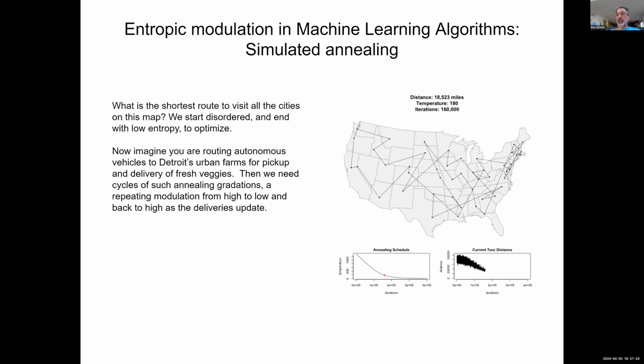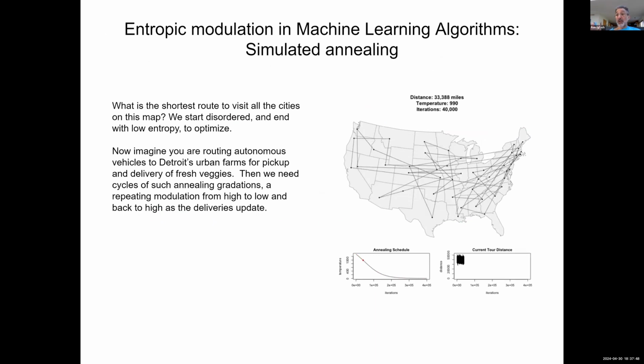So this is a machine learning algorithm, artificial intelligence, called simulated annealing. And it's also using a high entropy phase where I'm trying to find the best route through all these cities, right? I don't want to go back to the same city over and over again. I want to make my smooth traveling salesperson route, traveling merchant route through all these different cities and optimize so I'm not wasting gas or something.